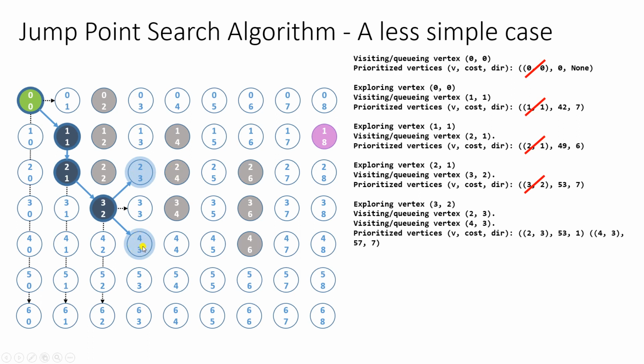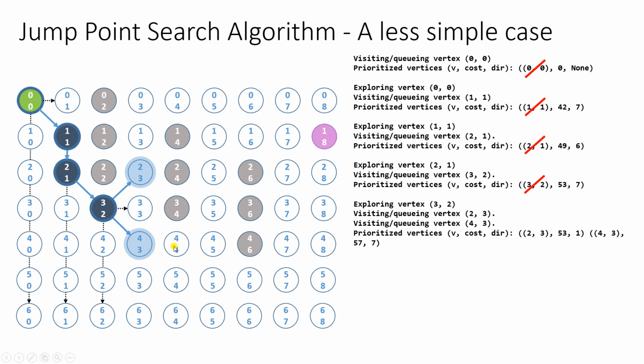To check what is happening around vertex 4, 3, we are first going horizontally or vertically, doesn't matter. We are first going downwards and there is nothing going on here. The next thing to do is check to the right, and as we are checking the right movement, we can also see there is this vertex 4, 4.